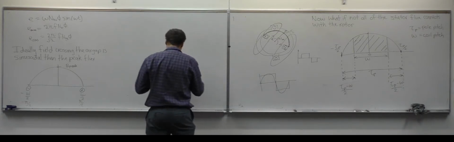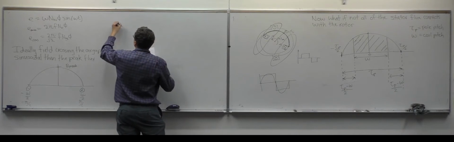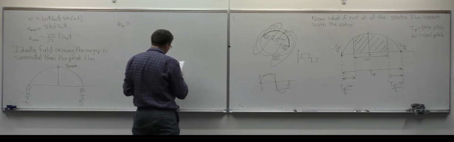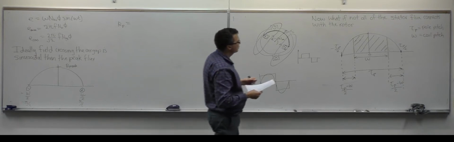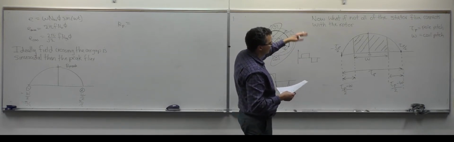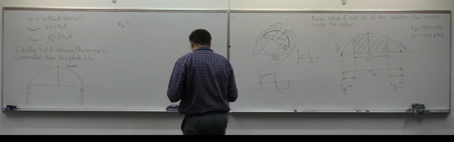So let's now calculate the pitch factor for the fundamental field going across the air gap. We have the flux going across due to the pole pitch, and the flux going across and connecting to the coil pitch.